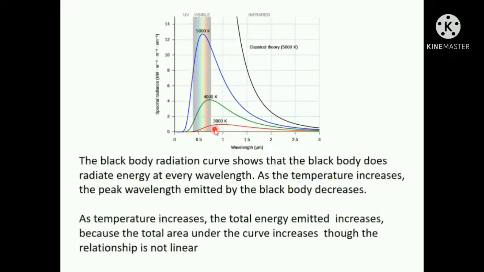The curve also shows that a black body radiates at every wavelength. But as the temperature increases, the peak wavelength, that is the wavelength at which the peak radiance occurs, decreases. Secondly, as temperature increases, the total energy emitted increases because the total area under the curve increases, though this relationship is not linear.